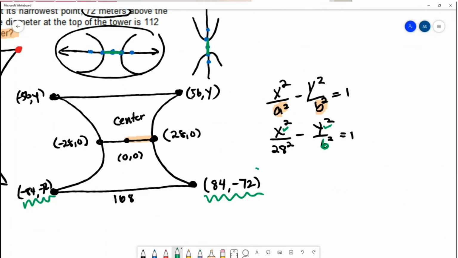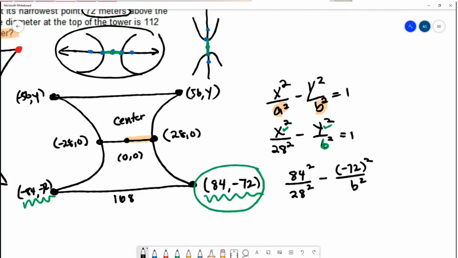So I'll use this ordered pair right here and substitute in for x and y, and I'll solve for b. So x squared, that's 84 squared over 28 squared minus negative 72 squared over b squared equals 1.